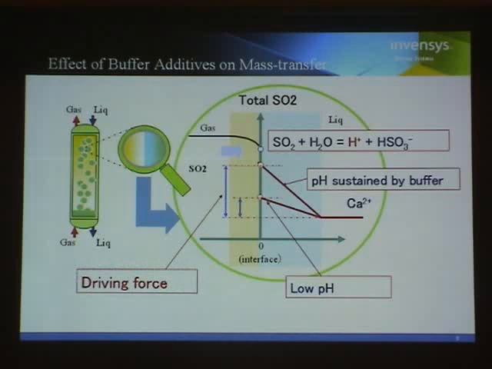When we add a buffer component, we can sustain the pH of the liquid nearby the gas-liquid interface at a high level, so that we can sustain the concentration of sulfur dioxide at the interface at a high level. That means that we can have a large driving force for the absorption of sulfur dioxide into the liquid.